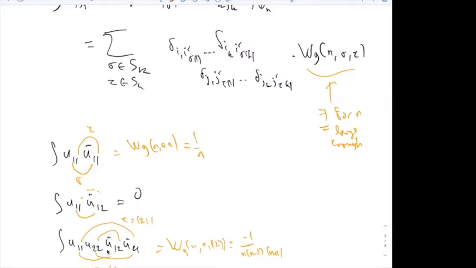But of course, this makes no sense for n equals 1, right? This equation makes sense as soon as n is bigger or equal to 2. So there is no inconsistency here.